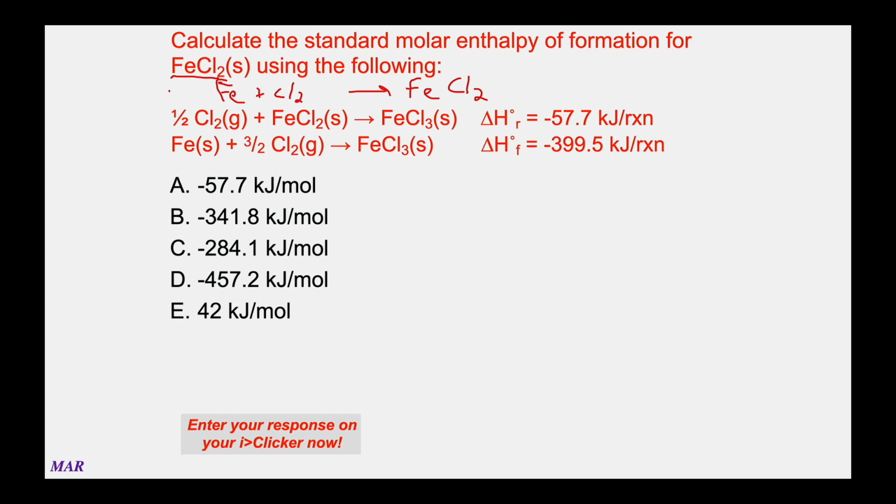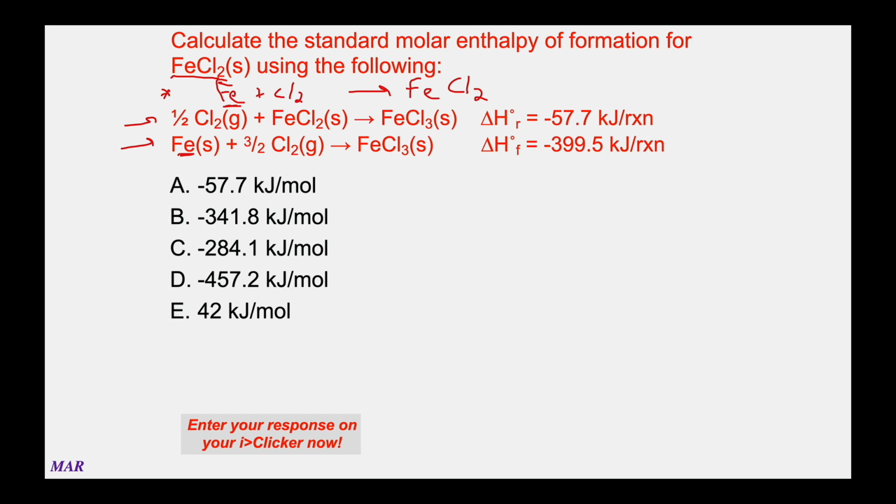So this is the desired equation, and we want to make these 2 equations look like the last one, all right? And you can see that right now that's a little confusing. What I look for on these kind of problems is, for example, we want iron as a reactant, and iron is a reactant right here.